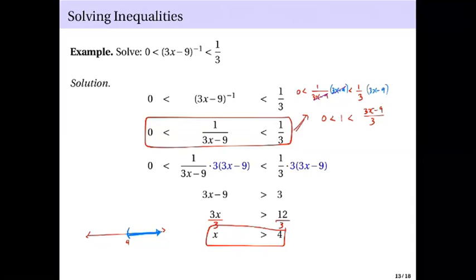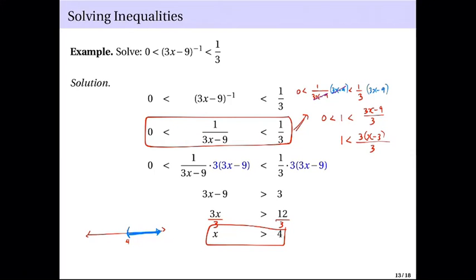But notice, this guy here, 3x minus 9, you can factor out 3. So what you'll have is 1 less than 3 times x minus 3, and then all over 3. Correct?